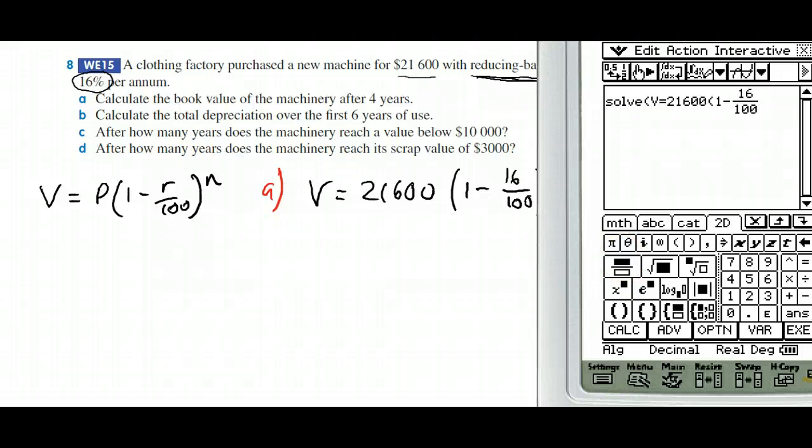Then we close those brackets, and then we've got to put to the power of n, and in our case n is 4 because it's the number of years. And then we've done our equation, so the last thing the solve function needs to know is what we're focused on. So we put comma and v to let it know that we want to know what the value of v is, and then we close the brackets for the solve function, and we press enter. We get the book value is 10,754.02.